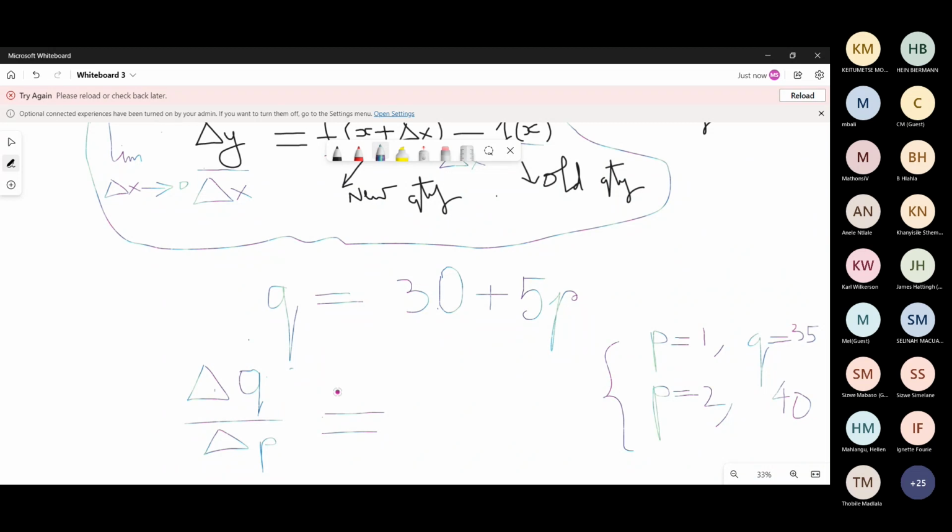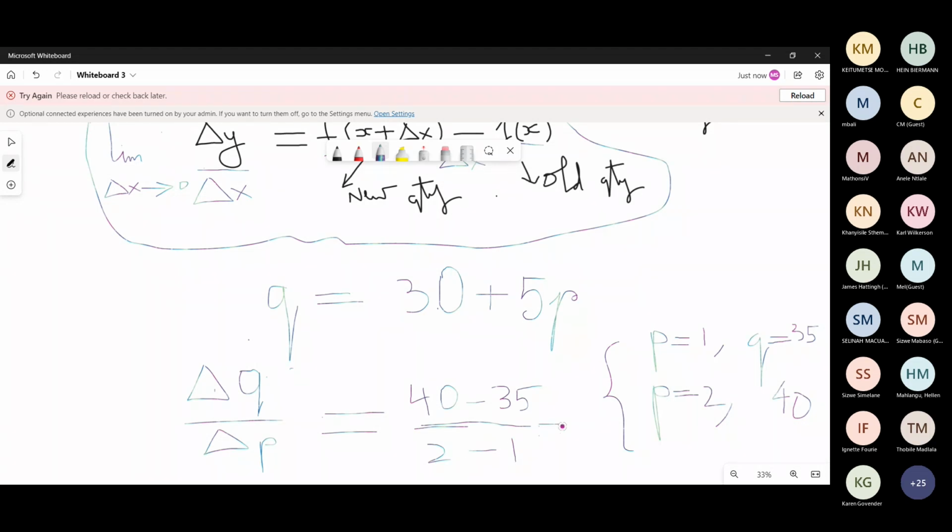The change in Q will be 5. And the change in P is 1. So 40 minus 35, divided by the change in P, which is 2 minus 1, and the answer is 5.